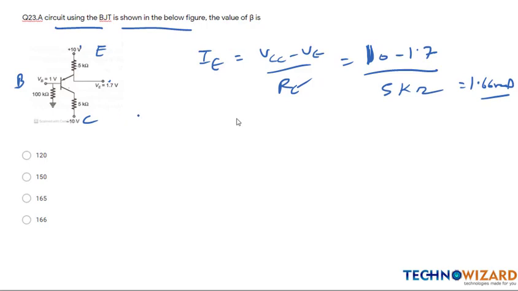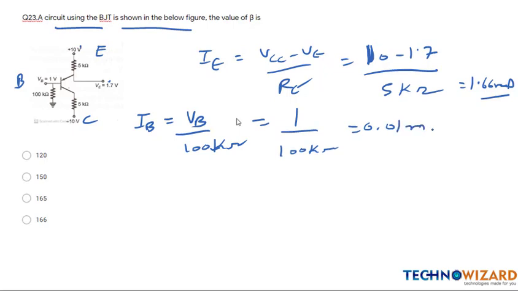Now you can find IB. IB is equal to VB upon 100 kilo ohm, which is equal to 0.01 milliampere.